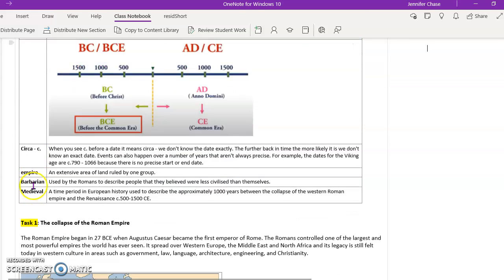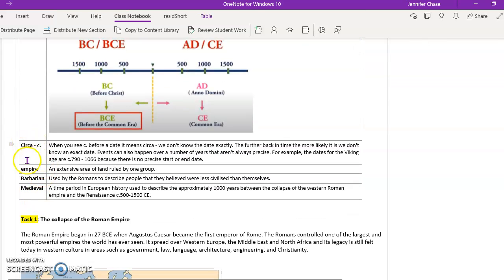This term we will come up against quite a bit in the Vikings and indeed in the Aztecs later on in the term: circa, often shown as c. dot. When you see c. before a date, it means circa, which is Latin for approximately or about. Basically it means we don't know the date exactly.